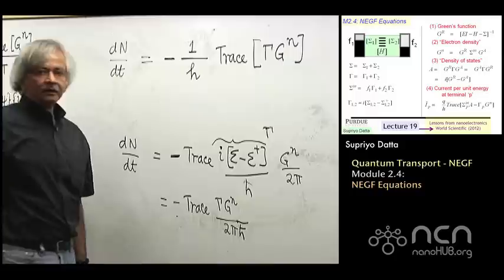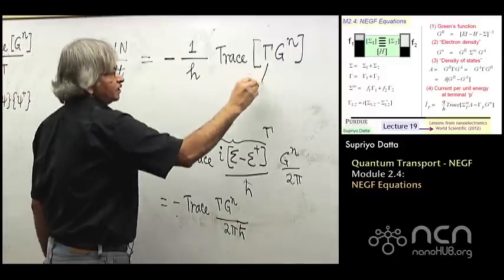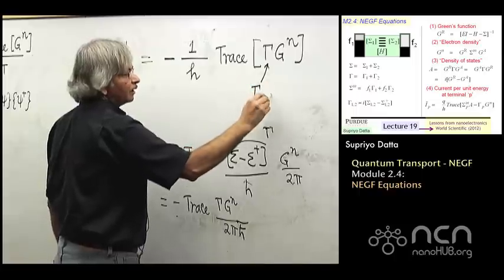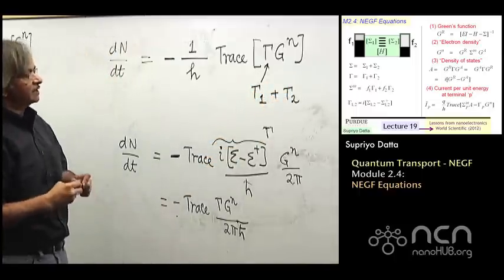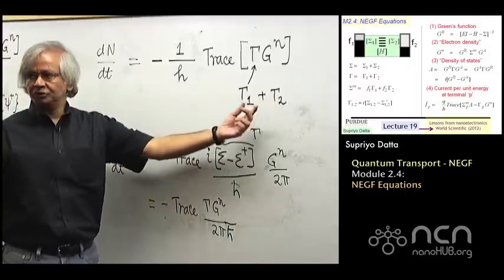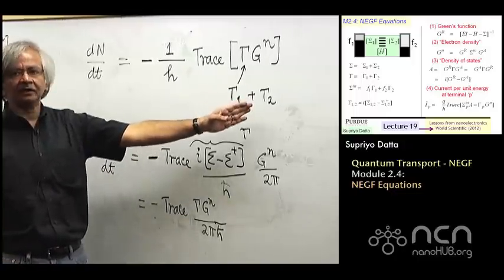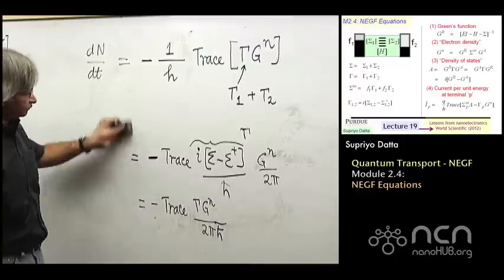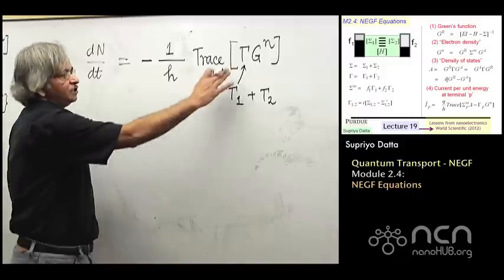Okay. Now, the gamma has many terms in it. Like, if you have two contacts, it has a gamma 1 and a gamma 2. The way you would interpret this is that gamma has these two parts, gamma 1 and gamma 2, which we associate with the two contacts, contact 1 and contact 2. So you could say that the current from contact 1 is determined by gamma 1 Gn.